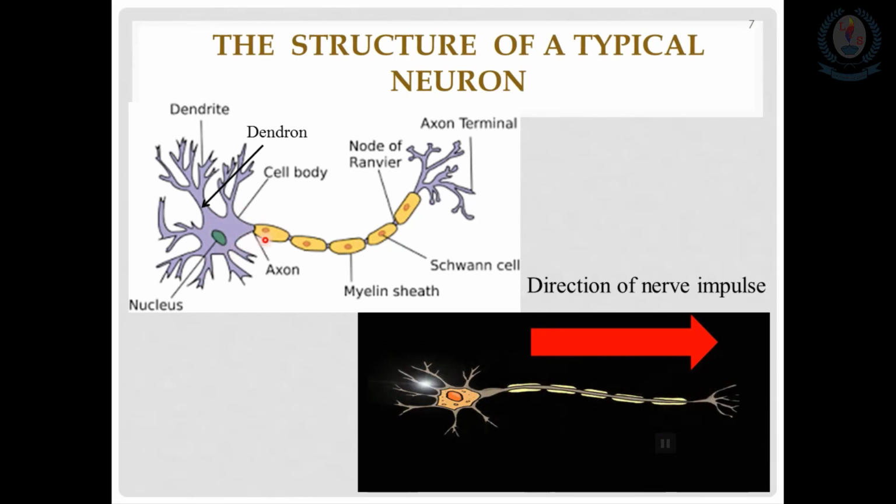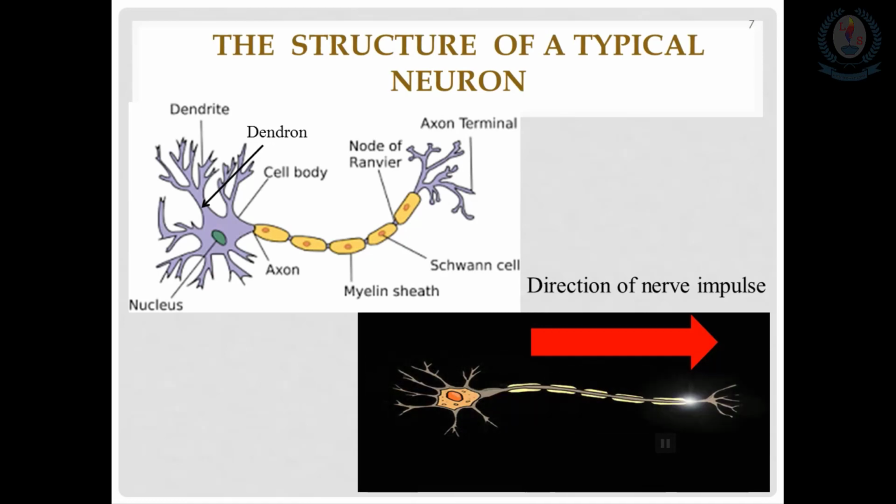The cell body has fine cytoplasmic extensions called dendrons. These dendrons in turn form tree-like branches called dendrites. These are used by neurons to detect both chemical and electrical stimuli.